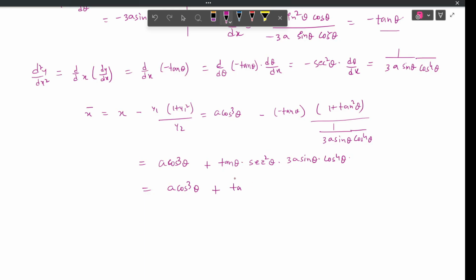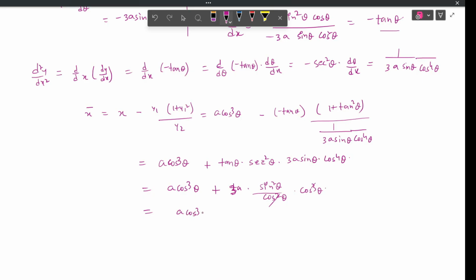So this is 3a sin square theta by cos square theta into cos cube theta. If you cancel this cos square theta, you will get cos theta.